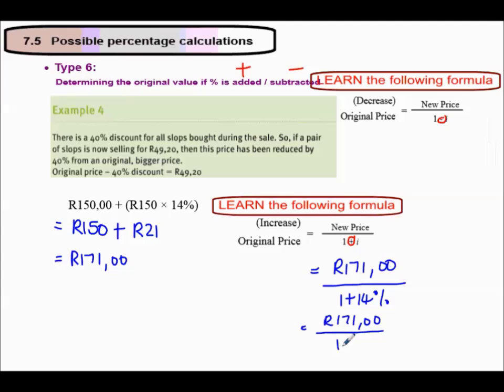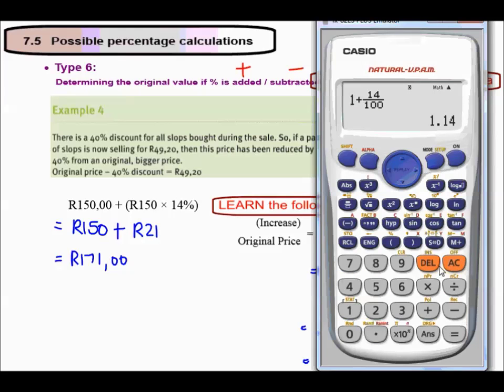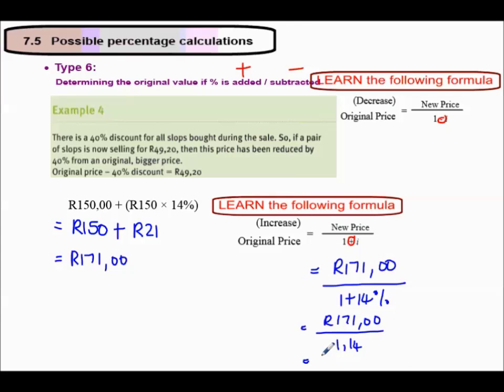So I'm going to divide by 1,14, and if I do that, I've got 171 Rand divided by, I've still got the answer in temporary memory, answer equals, and then you get back to your 150 Rand. I hope I've convinced you that you can't subtract when you are going to find the original price. So if there was an increase, I've added that, I must divide by 1 plus 14%. If there was a decrease, for example, the slops, it was 1 minus 20%.